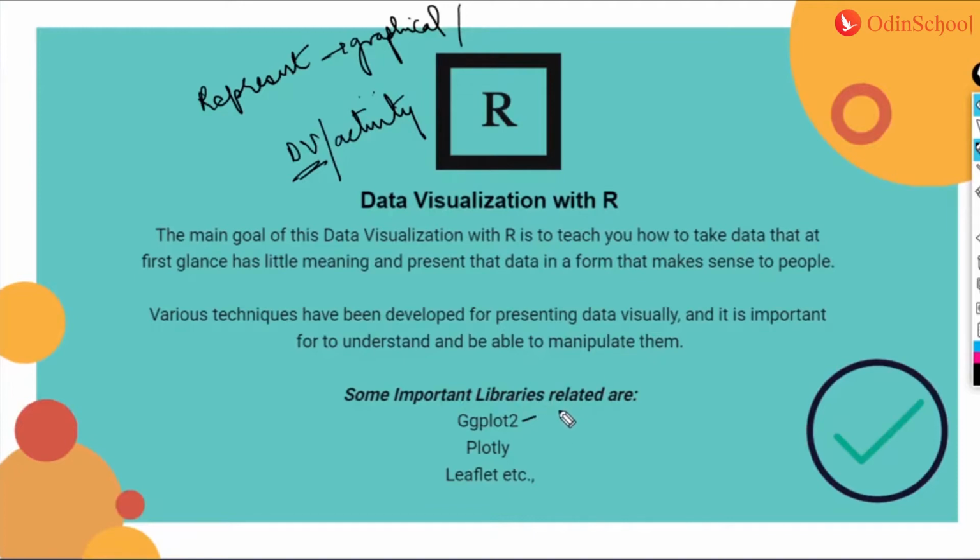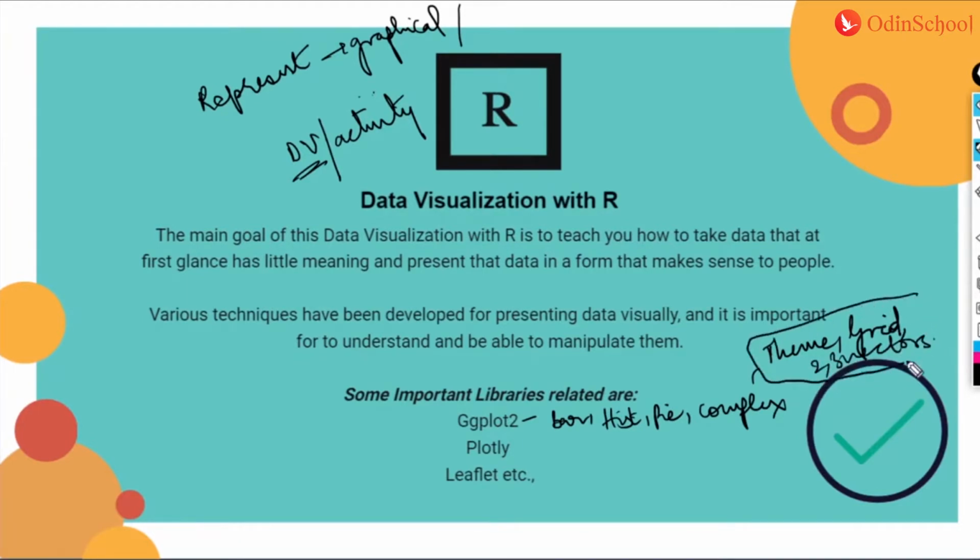It could be any kind of bar, or a histogram, or a pie chart, or probably any complex variant wherein you would want to ensure that there is a theme to it, and probably there is a grid layer to it, and you have 2 to 3 vectors going along with it. So if you would want to work on all such features, then you can use ggplot2.